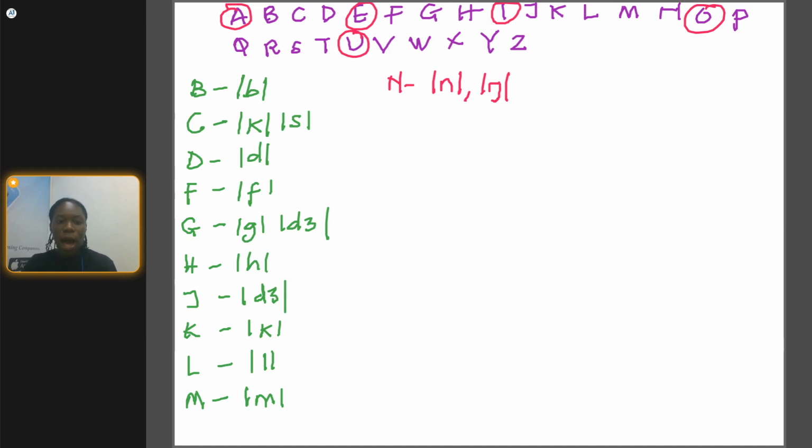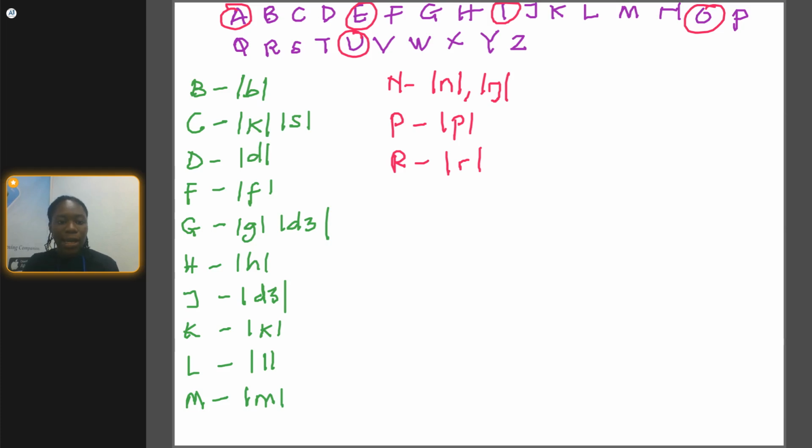All right. Then we have letter P giving us the p sound. All right. Then we have letter R giving us the r sound. Okay.